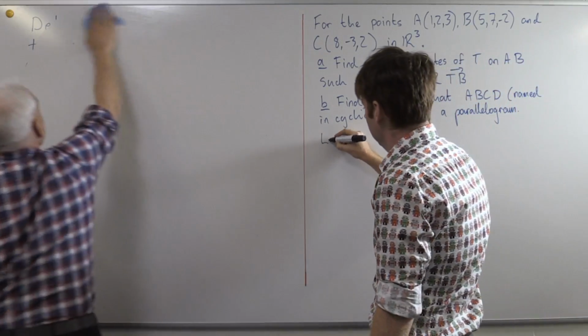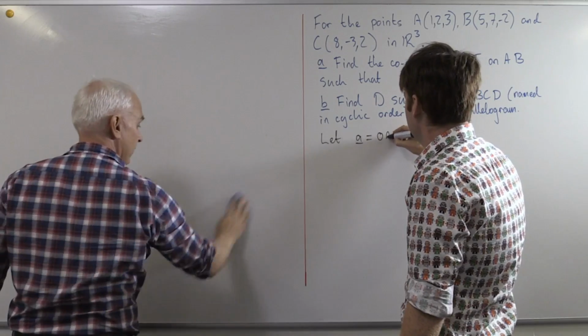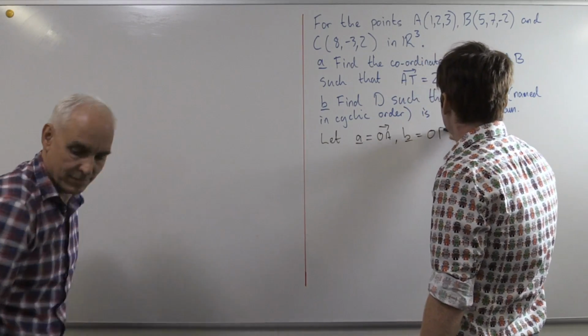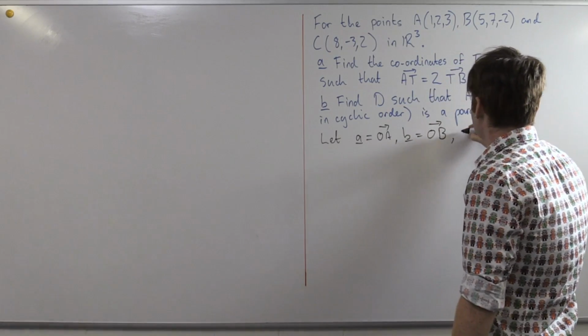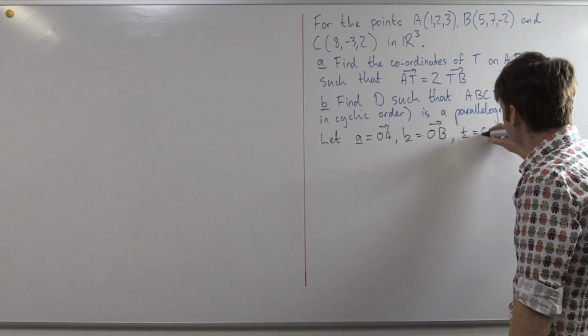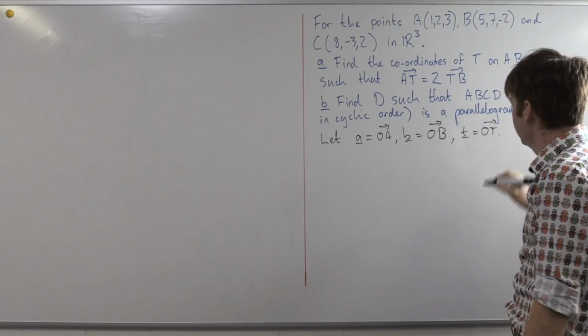First of all, I'll let vector A be OA, B be OB, and I'm going to let T, I don't know what this one is yet, be OT. I'm going to find T.